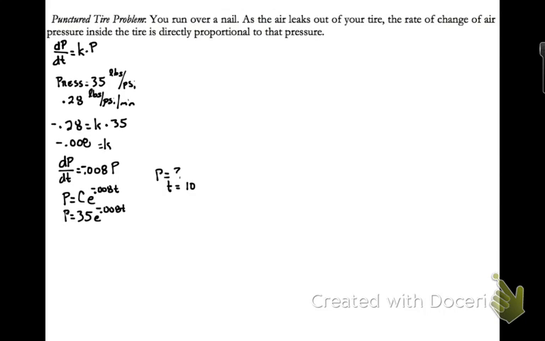Well, we've got our equation, so we'll just substitute in 10 for t and figure out what 35 times e to the power of negative 0.008 times 10 is. And it ends up being about 32.309. And remember that that's pounds per square inch.